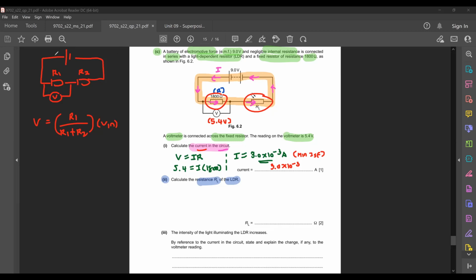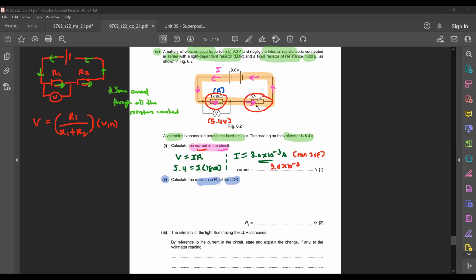Remember that I mentioned to you that time, to be able to use your potential divider equation, you need to have the same current through all the resistors involved. So in our case, you can see that the fixed resistor and the LDR have the same current flowing through them.